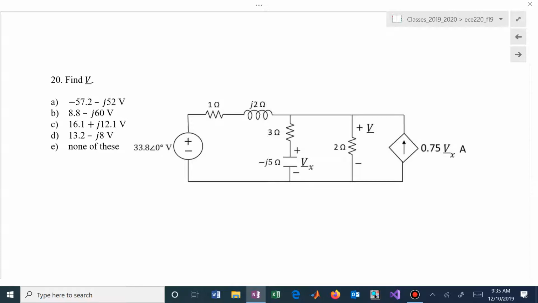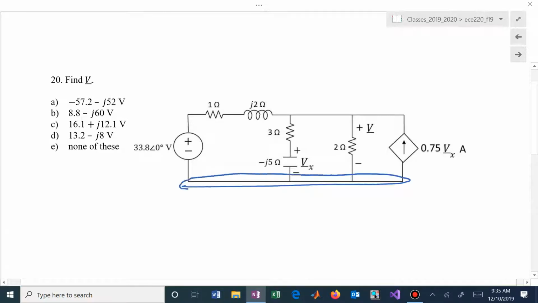One of those is actually determined by your dependent current source, but you can hopefully see that you have that common node, and in fact all of those share the same node, and that's the unknown that you're trying to find, which is the voltage phasor V.